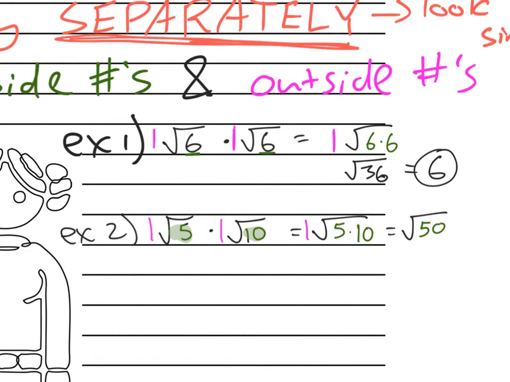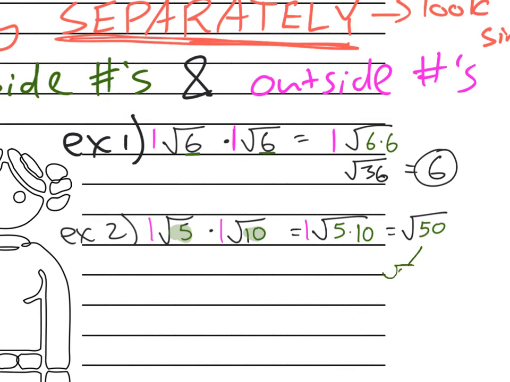All right, so again, after we multiply, we have to look to simplify. Can we simplify 50? What perfect square fits into 50? 25. So we started with two things that were not simplifiable, and when we multiply them, we actually turn it into something we can simplify.